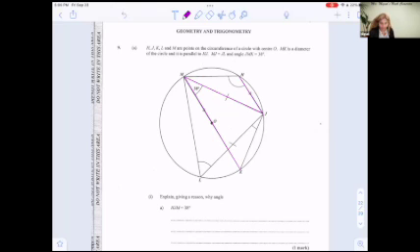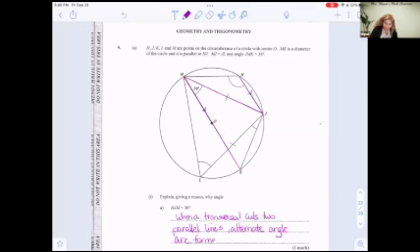This is parallel and this is parallel. So I will give you the reason. When a transversal cuts two parallel lines, alternate angles are formed and they are equal.